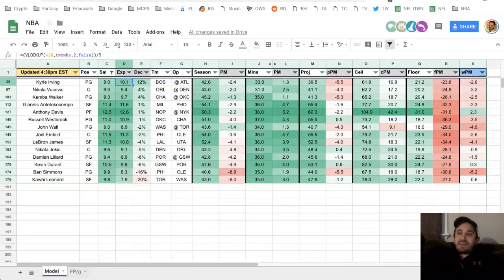And I'm like, damn, what the hell am I rostering Kawhi Leonard for? This is ridiculous. The dude is so inconsistent this year on Toronto, and he's playing over the last 2 weeks like a $7,900 small forward.